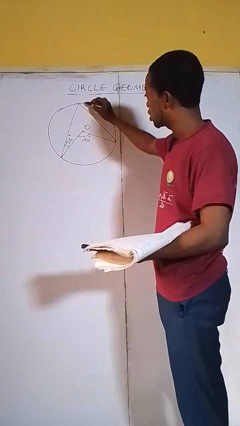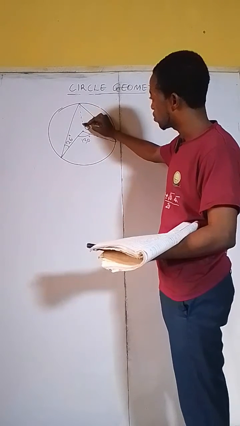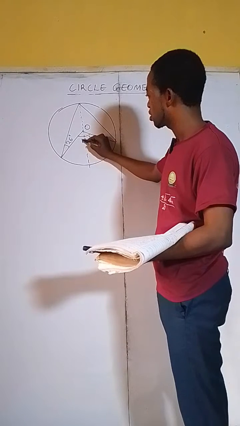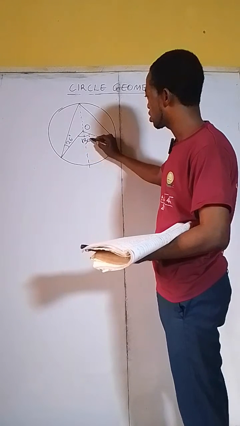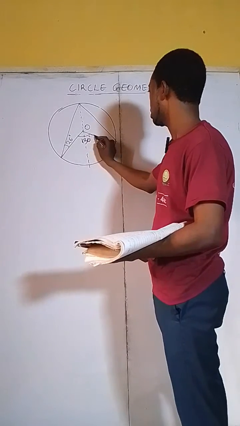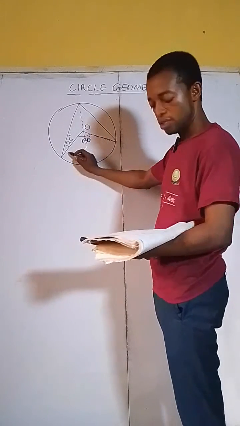So there is a line that is drawn here from the question. Okay, this angle at the center is 130 degrees. Also, there is a distraction line that is drawn like this.